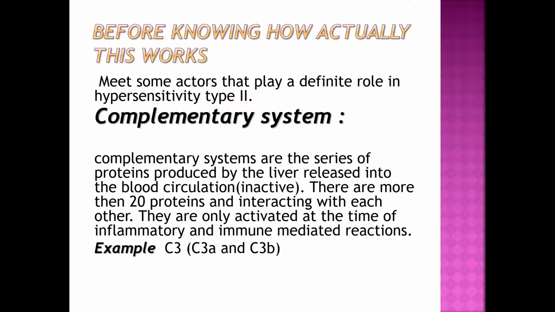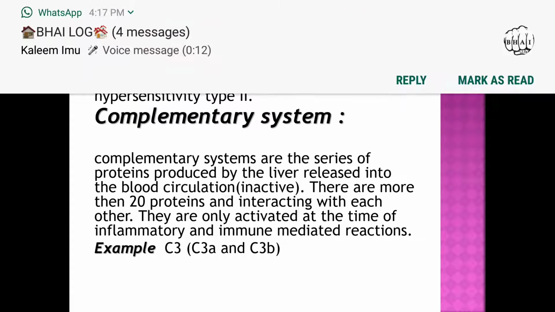When they are in the blood circulation, they are not active; they don't usually perform actions. There are more than 20 proteins that interact with each other, responsible for doing different things and mechanisms. They are only activated at the time of inflammation and when there is an immune reaction, like for example C3, when cleaved into C3a and C3b. Now they are the active forms of C3.